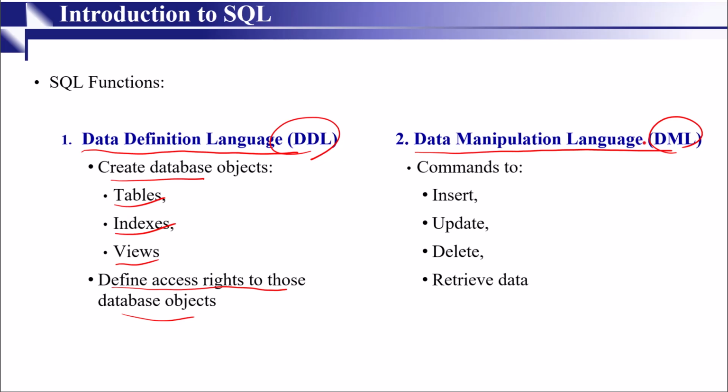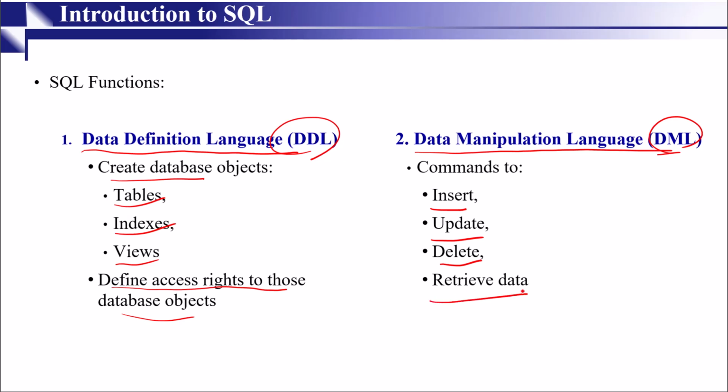The second one is DML, data manipulation language. This focuses on working with data itself. DML commands allow us to insert new records, update existing ones, delete data we no longer need, and also retrieve data with queries.